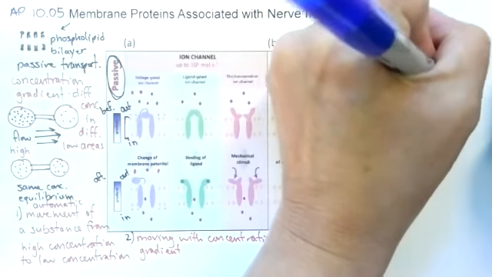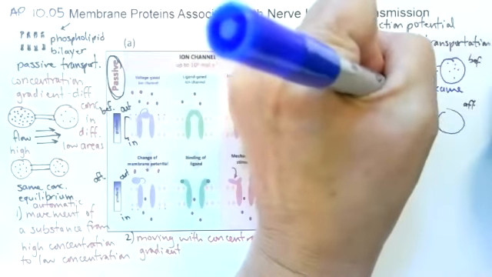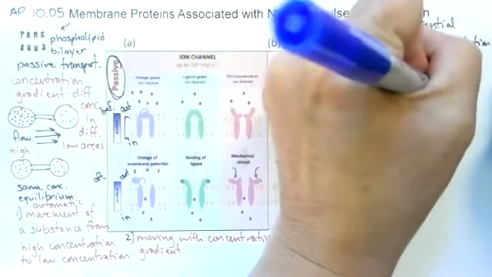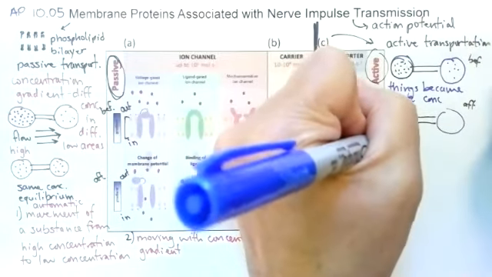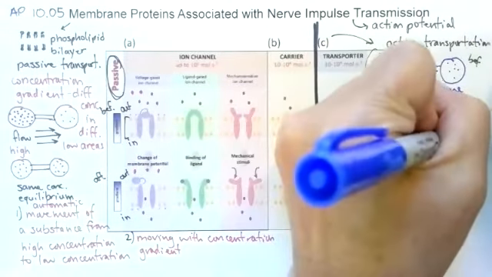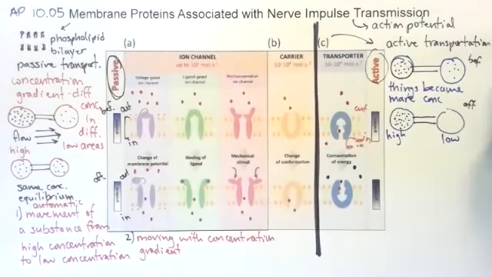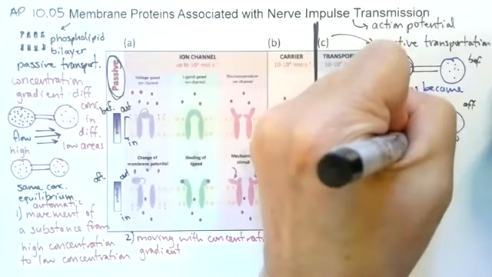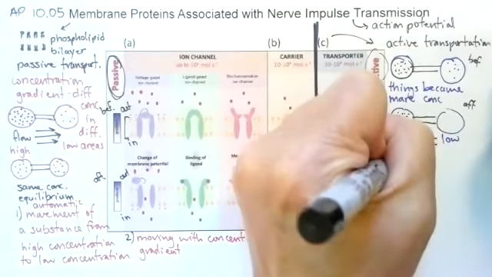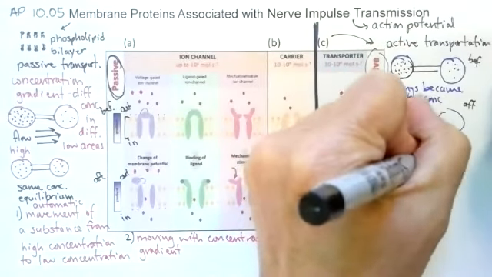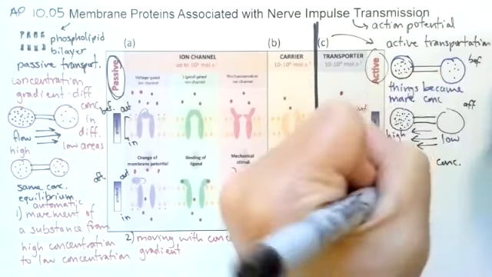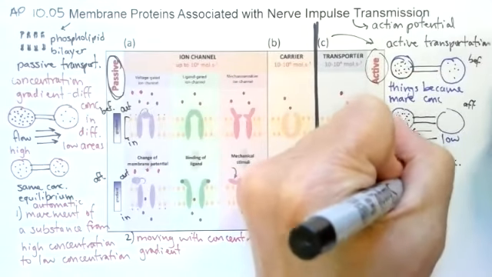Things became more concentrated. So if this is high concentration and this was low, I actually went the opposite direction. My flow went from low to high. So I went against the concentration gradient.